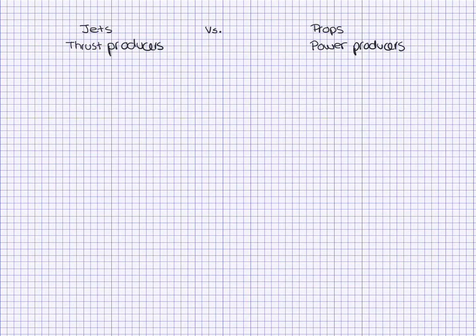We're going to call jets thrust producers because they transform fuel directly into thrust. We're going to call propeller-driven airplanes power producers because they transform fuel into power, and then through a propeller, they turn power into thrust.